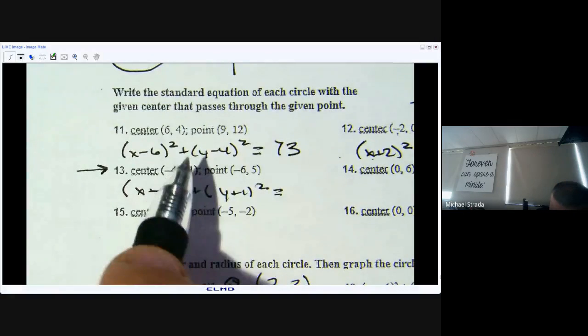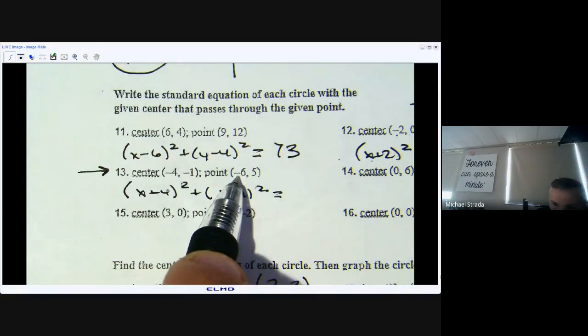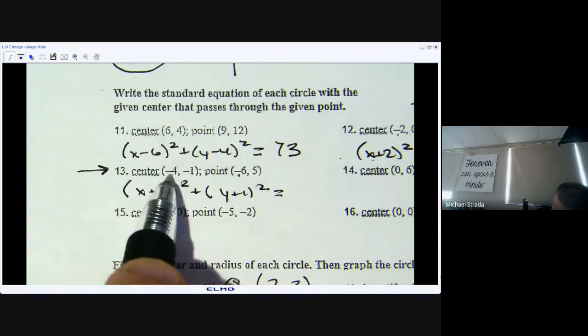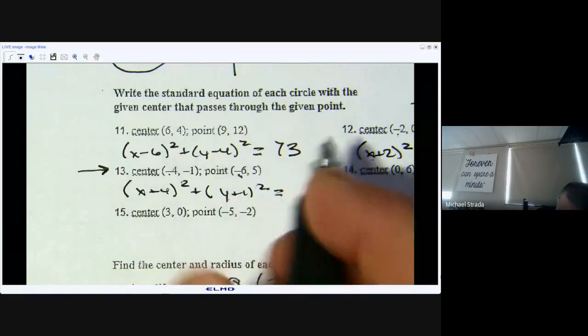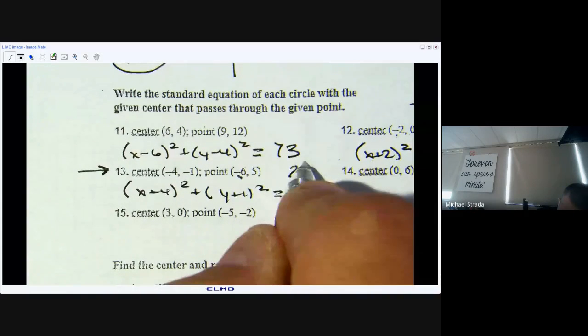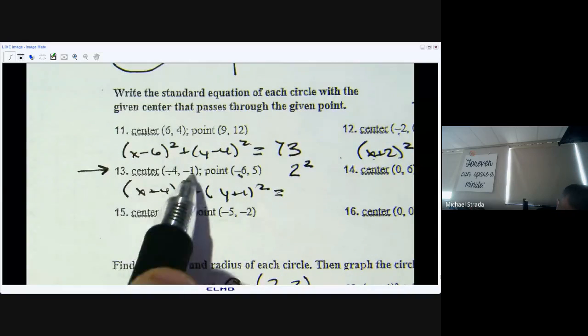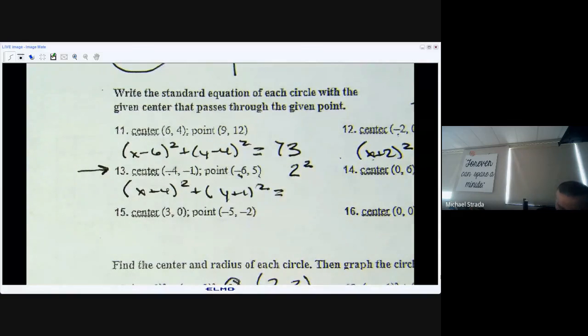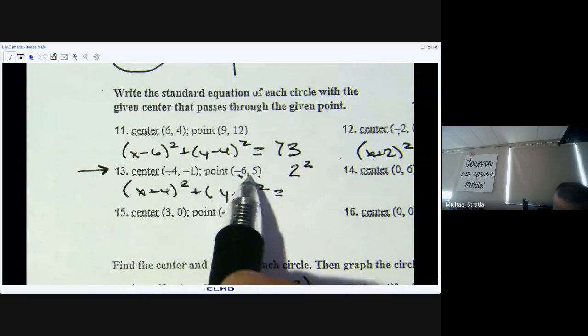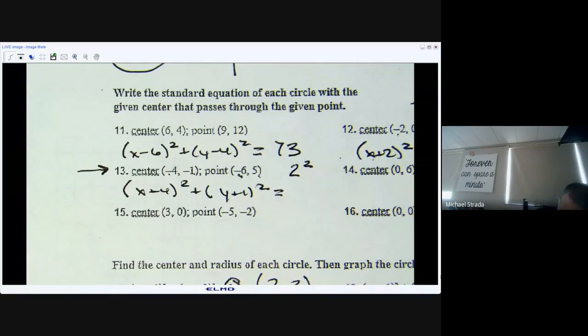If I look at the x coordinates, -4 and -6, how far is it from -4 over to -6? 2. I'm going from -1 up to 5. How far is it from -1 up to 5? 6.